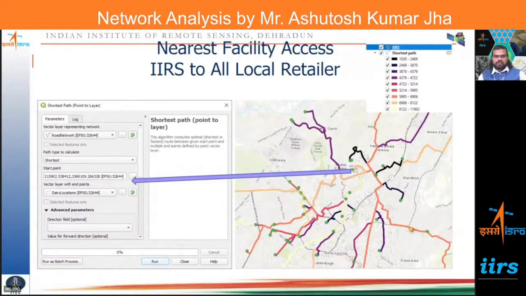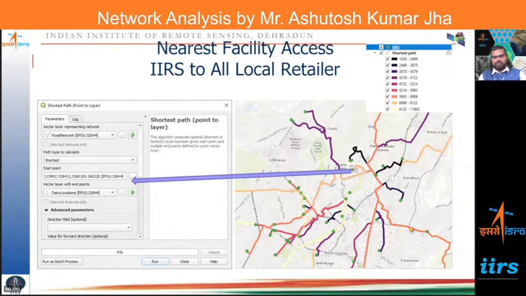Then in case of service area analysis, from the start point we would like to reach all the facilities, that is, the distance from a particular point to all the locations of a particular facility. These facilities can be hospitals or maybe schools, which can be reached from one point to another.